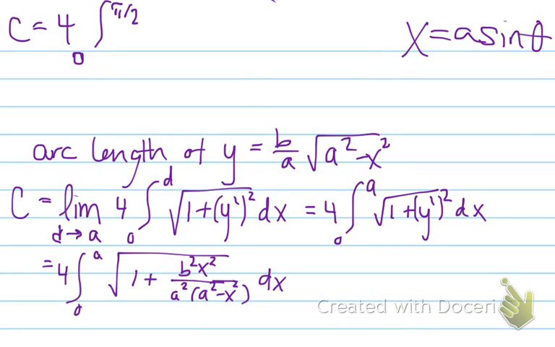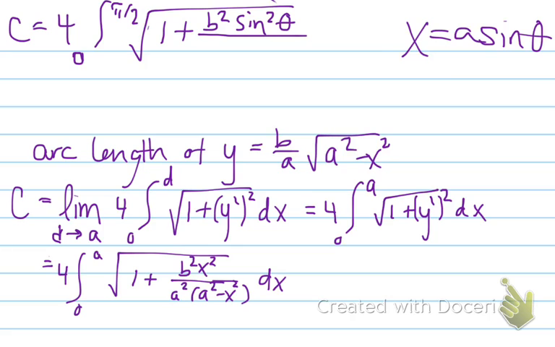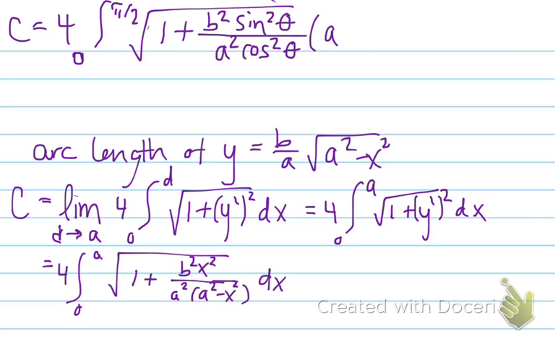from 0 to pi over 2 of the square root of 1 plus b squared sine squared theta over a squared cosine squared theta times a cosine theta d theta.